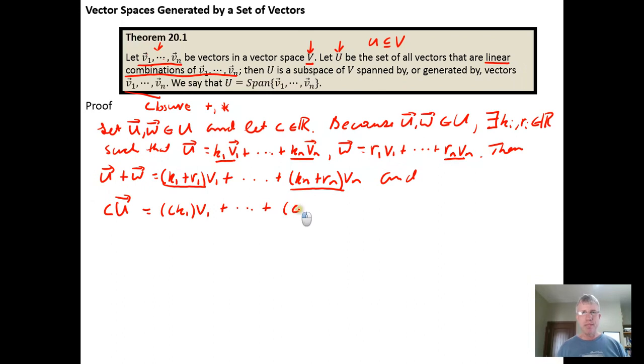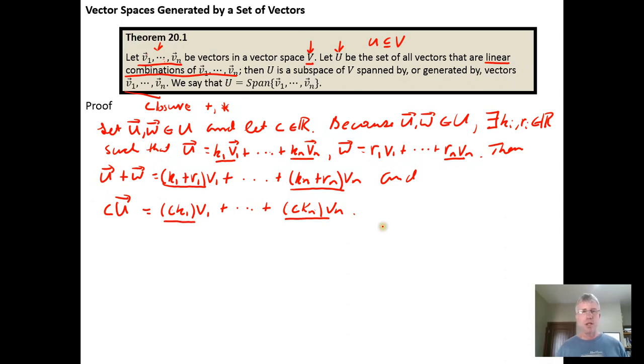We'll get c times k sub n V sub n. And notice that c times u is just a linear combination of the n vectors we randomly selected from the vector space, because c times k sub 1 is just a scalar. This is the product of two real numbers, just another scalar.